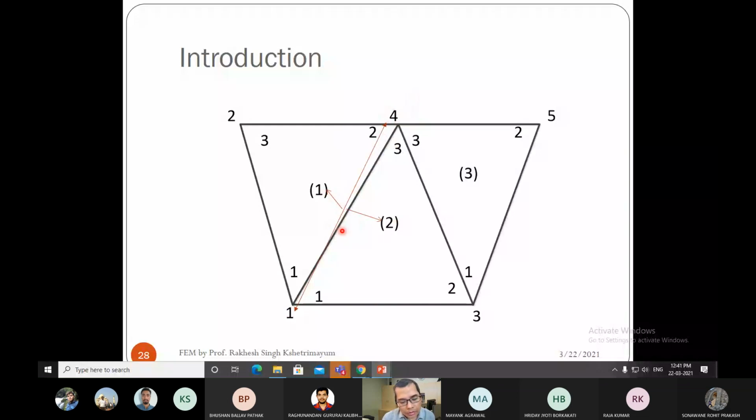For element 1, this C14 is basically C12 of the local nodes. For element 2, this is C13 of element 2. So if you want to find C14, you find C12 of element 1 and C13 of element 2. You sum them up, you get C14.